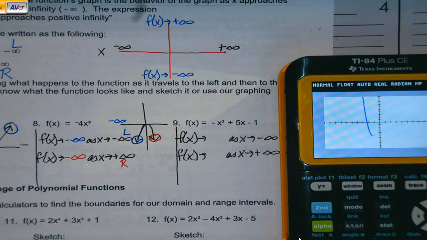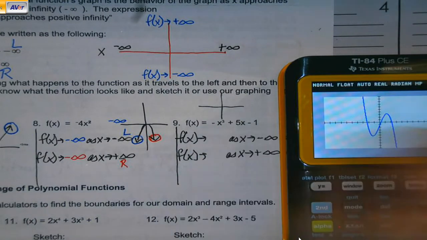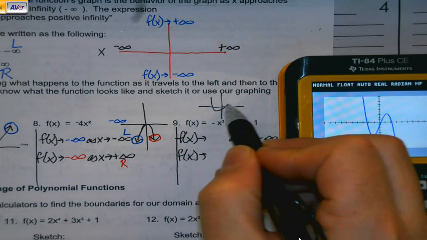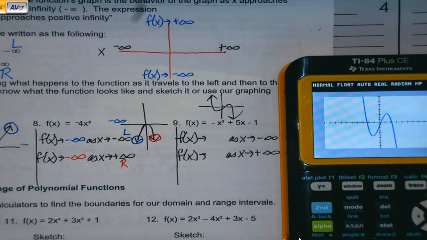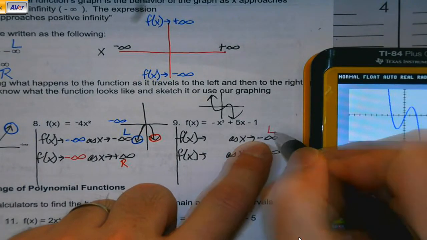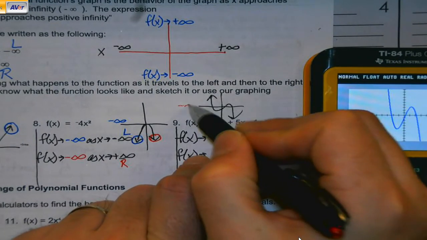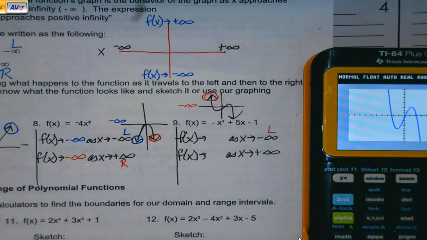This time our cubic, okay, that's what I meant when I was saying it's kind of snaky looking. Get those on there so I can visualize what I've got working here. And again, I'm going to say, okay, this x is heading to the left, so we're heading towards negative infinity here. All I care about is that arrow on the left side.